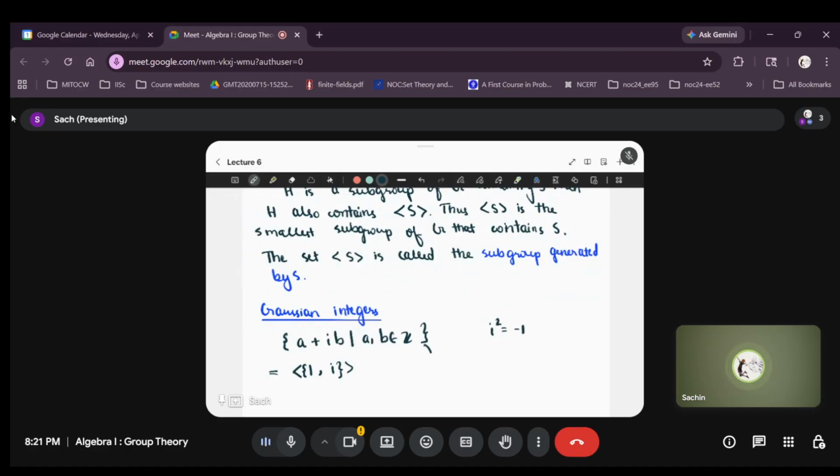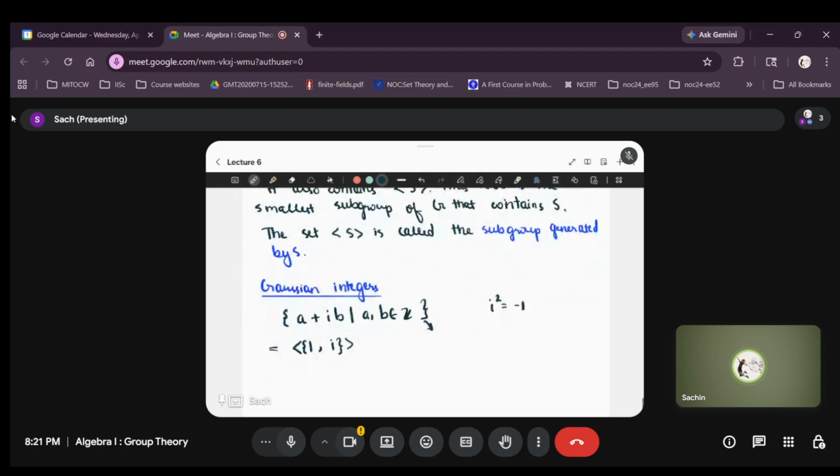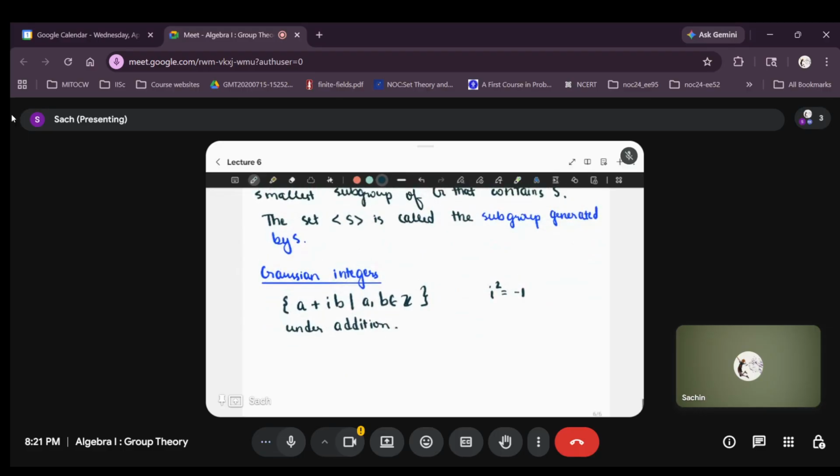You can verify that this set of Gaussian integers is a subgroup under addition. So under addition, a plus ib plus c plus id is a plus c plus i times b plus d.